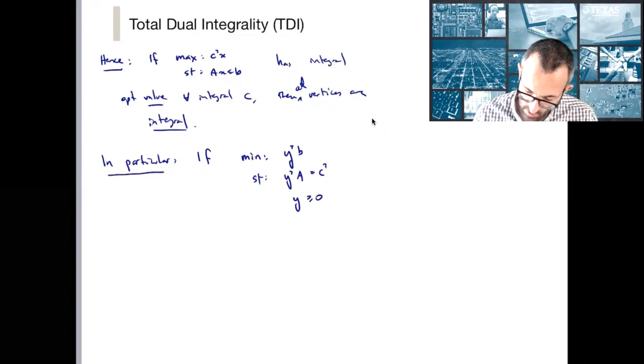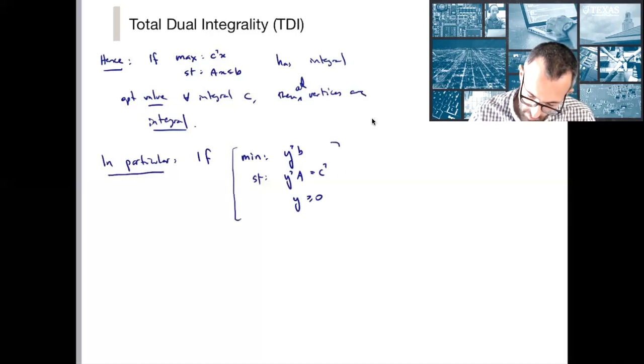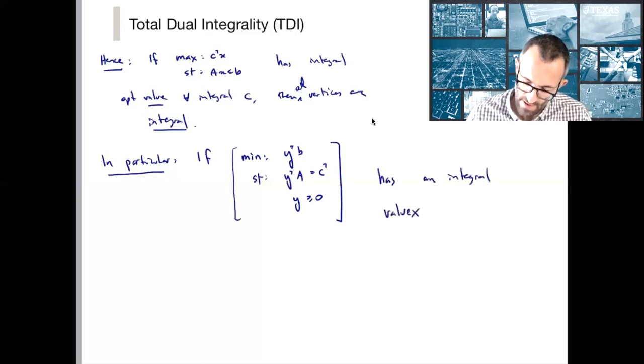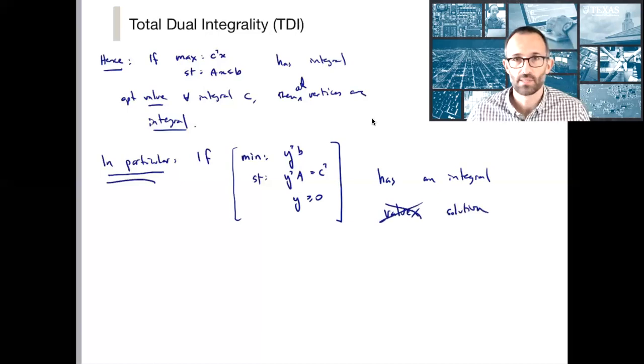So in particular, if this optimization problem has an integral, and note here what I'm doing, I'm not going to say value, crossing that out. I'm actually saying solution, and that's why I'm writing in particular. This is a specialization. It's perhaps a tad weaker than the statement that's written at the top of the page.